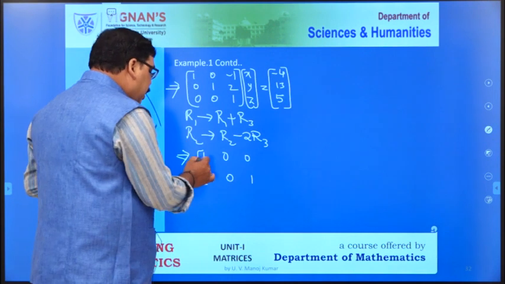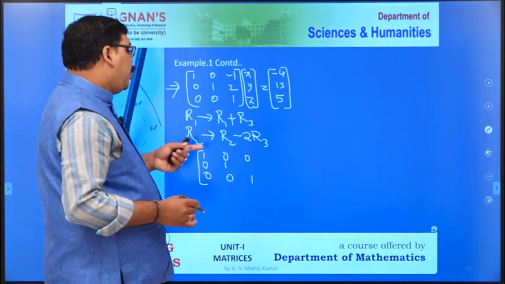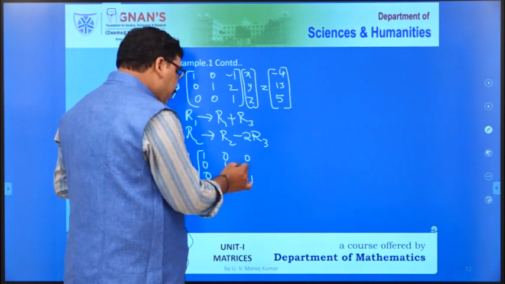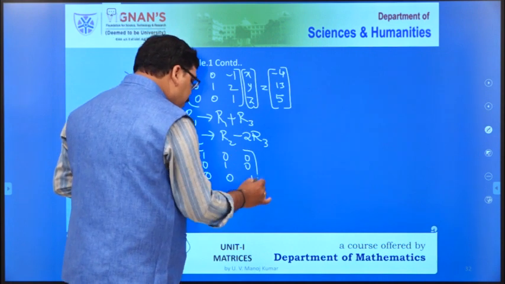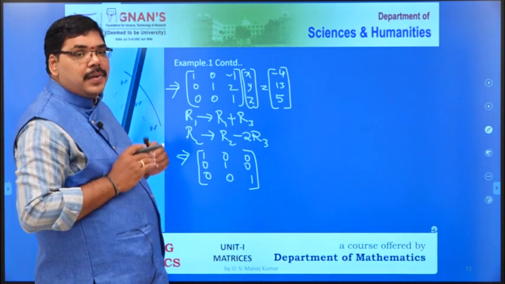R2 minus 2R3: 0, 1 minus 0 is 1, 2 minus 2 is 0. So now this is in identity matrix form, which is normal form.